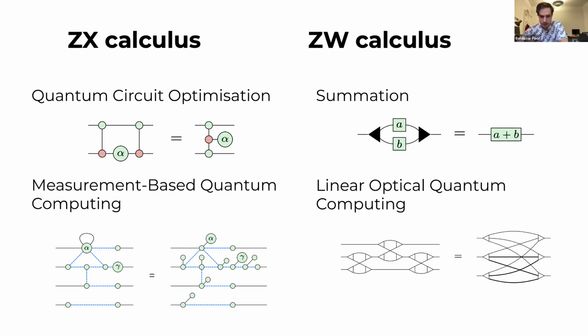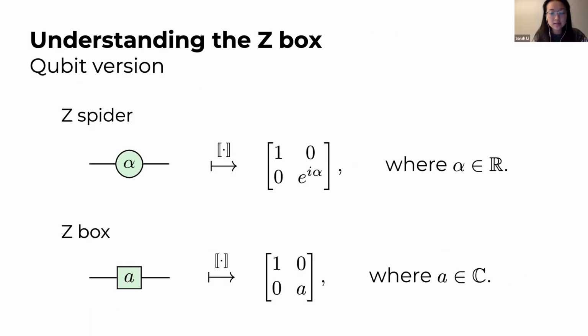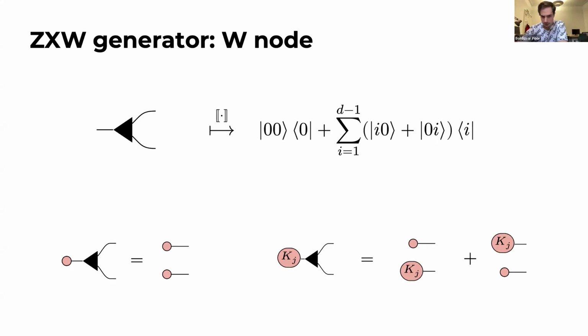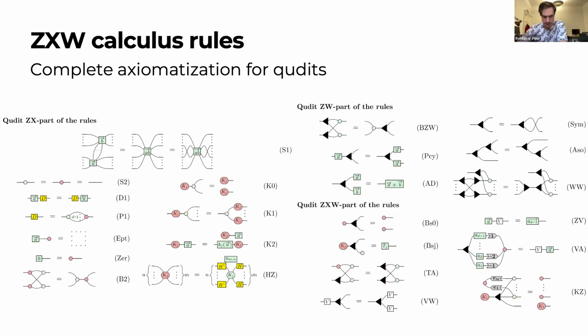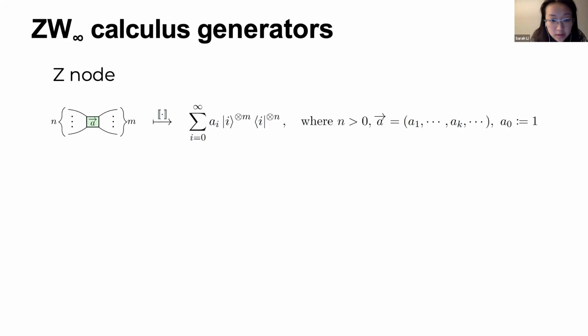Sorry, where the notations of ZXW calculus, or a bit later? Later. The infinite ZW calculus. A bit later. Next. Yeah, here. Okay, I see.